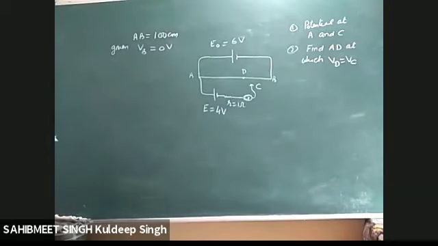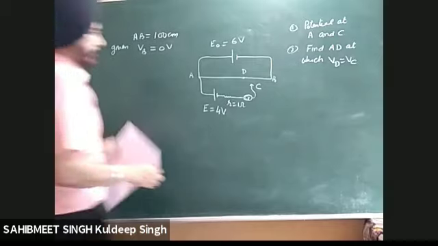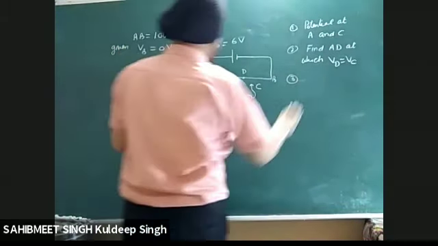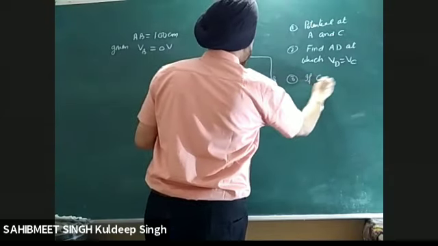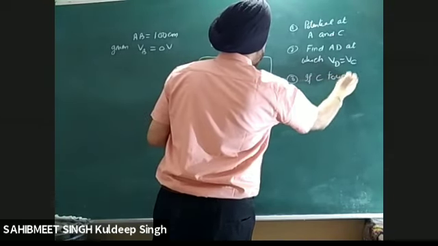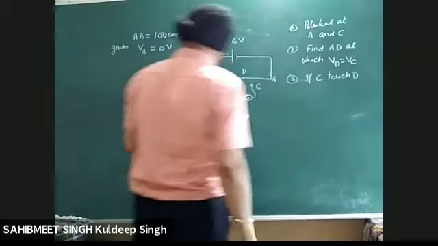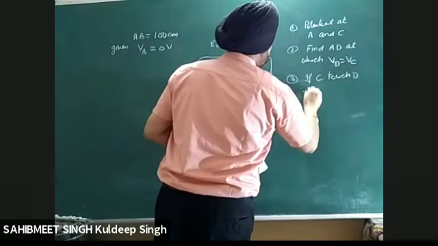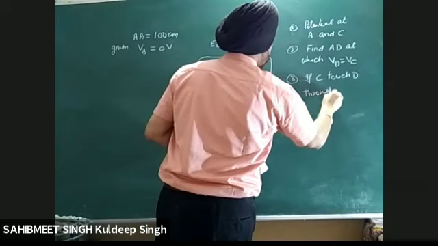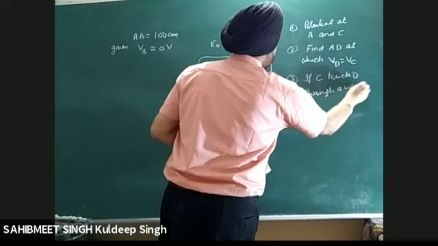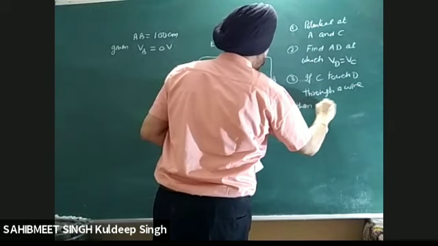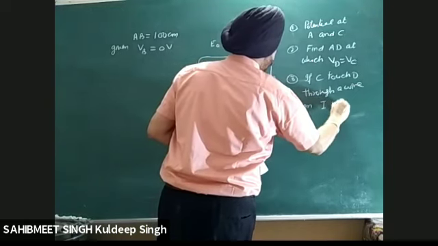And the third point is, if C touches D through a wire, then what is the current in the wire?